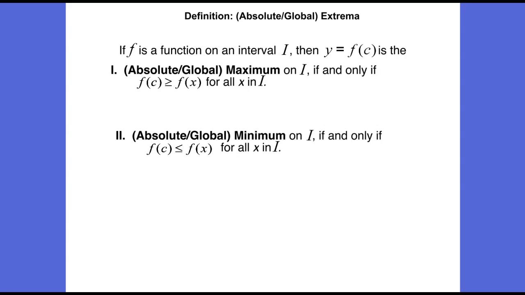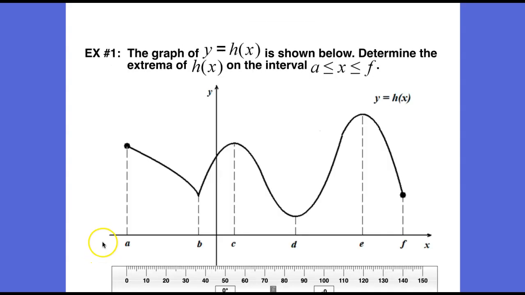Likewise, an absolute or global minimum on I occurs if and only if f of c is less than or equal to f of x for all x values on the interval I. In example 1, we're told the graph y equals h of x is shown below. Determine the extrema of h of x on the closed interval a less than or equal to x less than or equal to f.